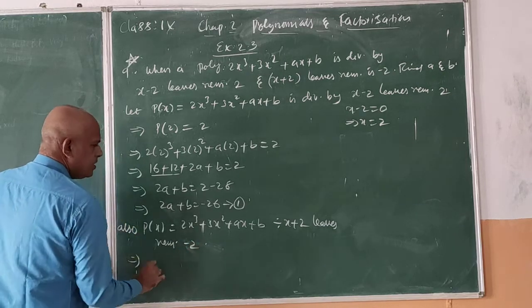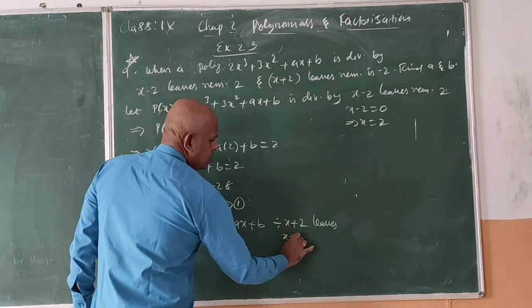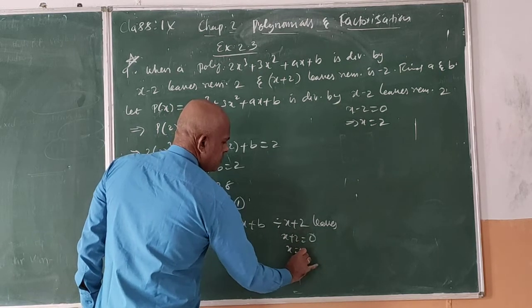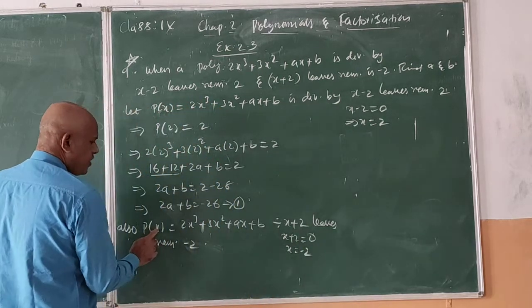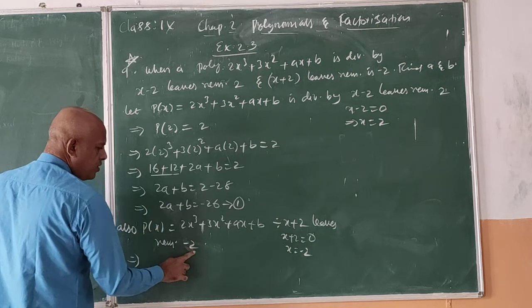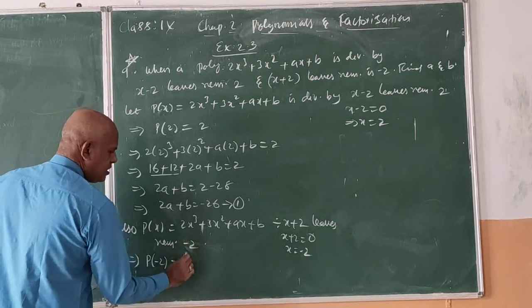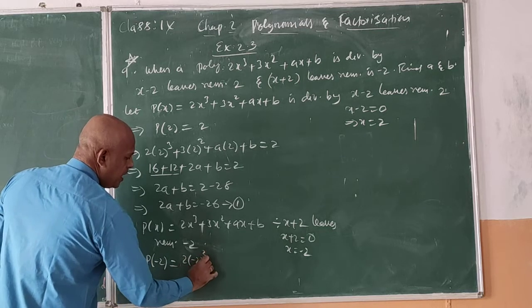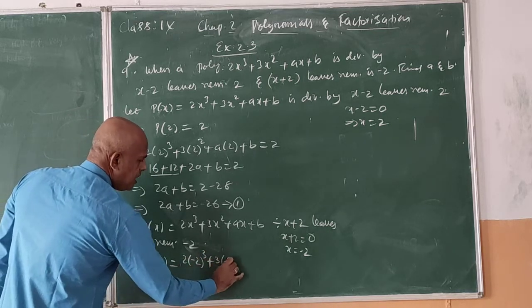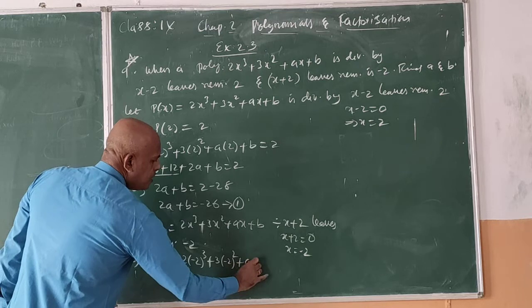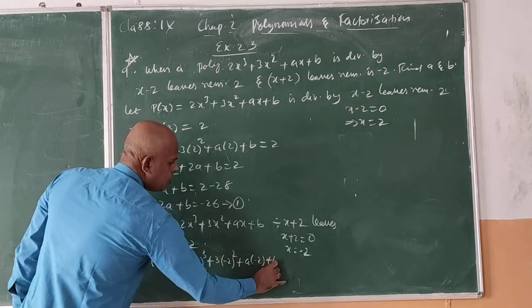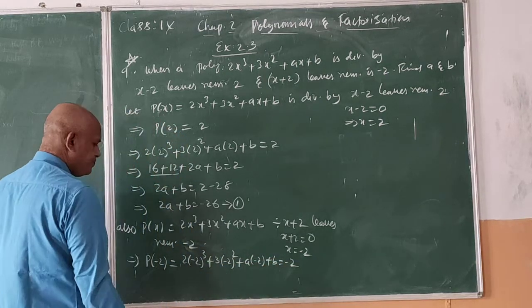So x plus 2 is equal to 0, x is equal to minus 2. In place of x we substitute minus 2 and equate to minus 2 because the remainder is minus 2. P of minus 2 is equal to 2 into minus 2 cube plus 3 into minus 2 square plus a into minus 2 plus b is equal to minus 2.